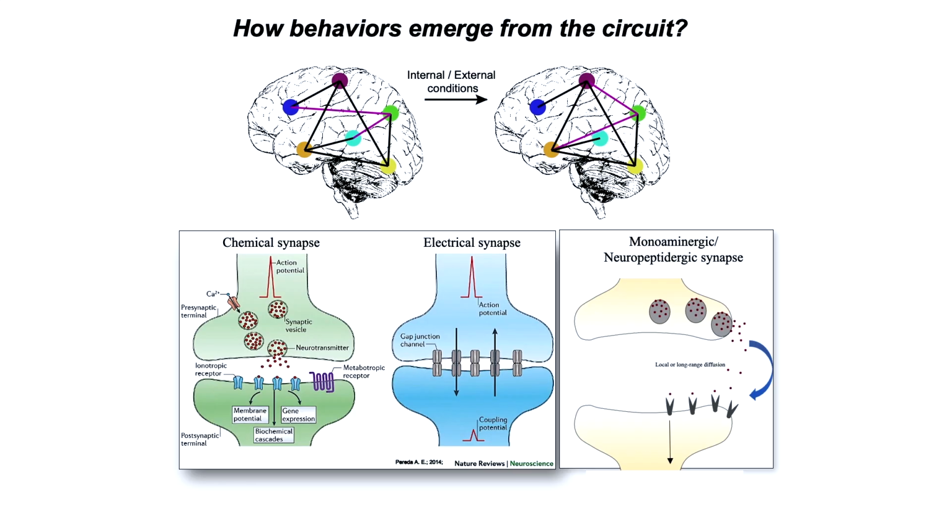So, when we talk about brains, there are three different types of connections that we are interested in. We talk about chemical synapses. Mostly, when we look at the neuroscience textbook, we study the chemical synapses. These are by far the most important components of the neural connection.